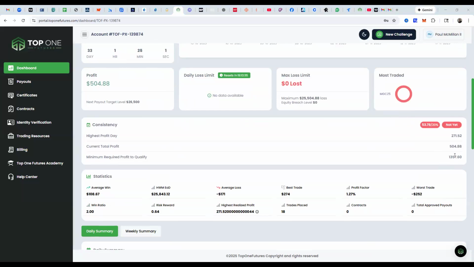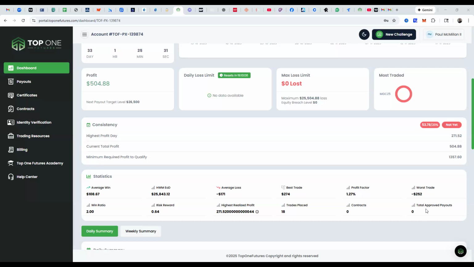So really, in reality, 1,357 minus $504, I just need to make another $853 in the account. So really, if I make $200 within 4 days, I'll have that over 4 days. So it's not really that hard.